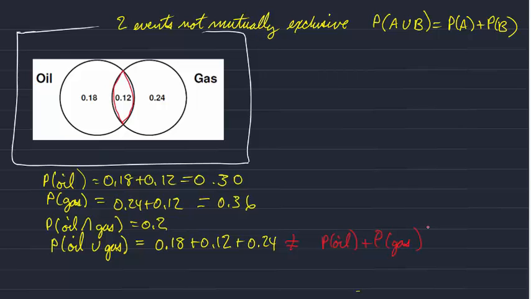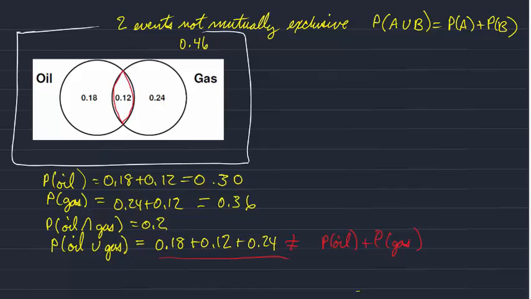Right? The probability of oil plus the probability of gas would be the area of both circles, but since there's overlap, the probability of oil or gas is smaller than the sum. And what I forgot to write down is that everywhere outside the circles, the probability of nothing is 0.46, because 0.46 plus these numbers gives 1.